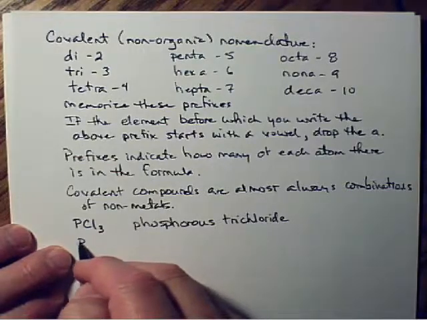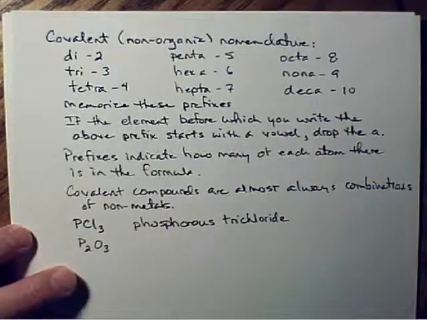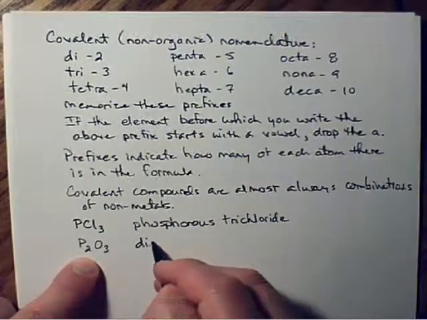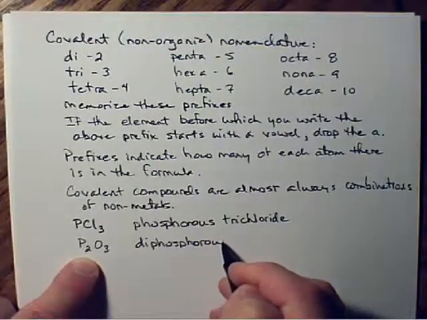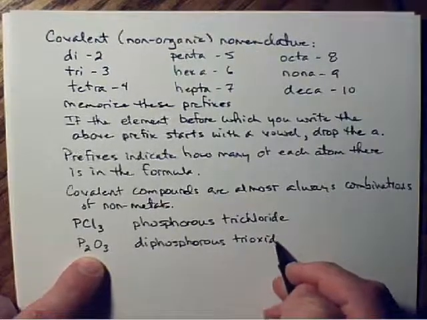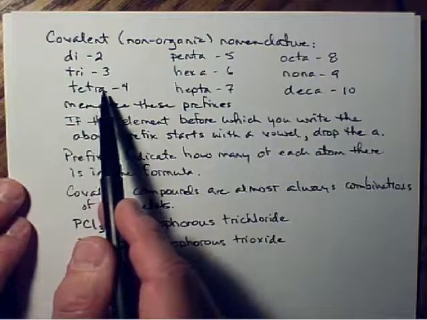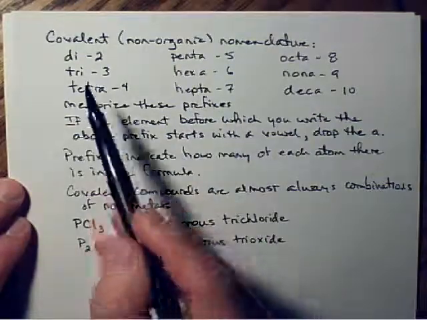How about P2O3? So this would be named diphosphorus trioxide. So remember, we only drop the A's in the prefixes when we start with an element with a vowel. We don't drop the I's.